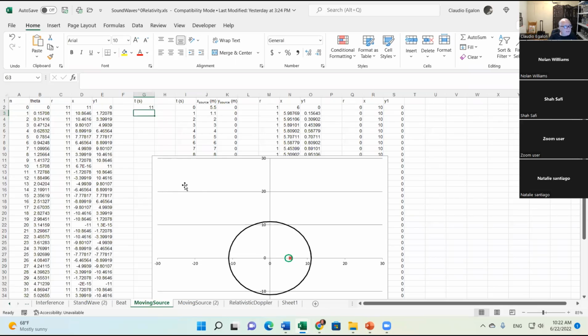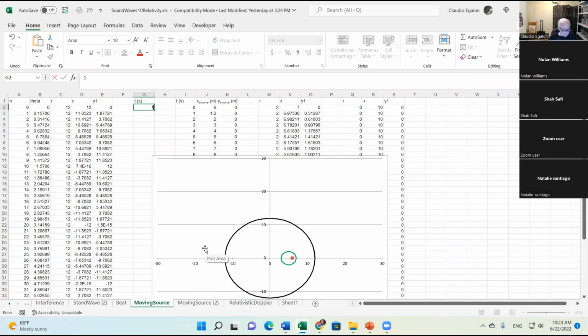Now, look at the interesting thing here. In the direction of motion of the source, the wavelength is shorter. See that? In the wake of the source, the wavelength is longer. Make sense?